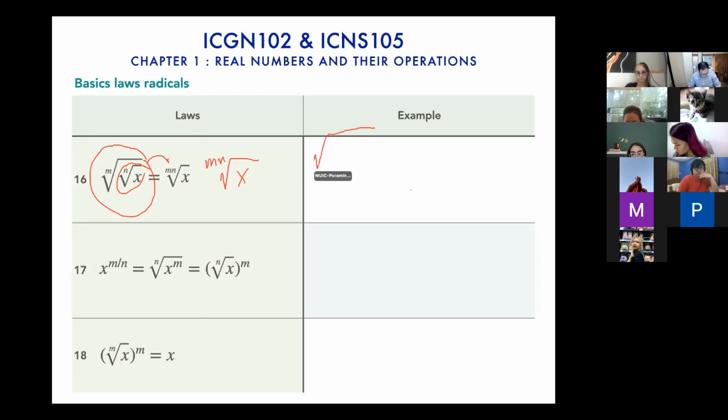If you have the cube root of square root 64, the thing that we can do is get the root of 3 times 2 of 64, which means you get 6 root of 64. 6 root of 64 is equivalent to 6 root of 2 to the power of 6, which equals 2 as the answer.